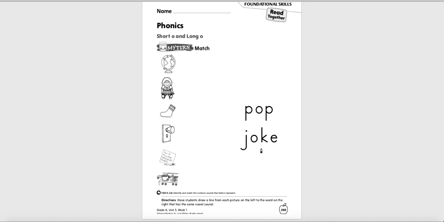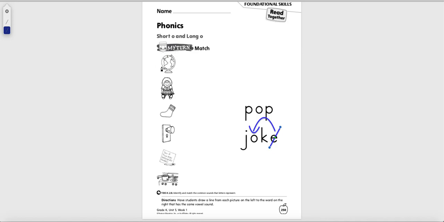Let's look at the next word. Can you sound it out for me? J. What sound does this letter make? O. Here we have a magic E, and he's going to tell the vowel to say his name. The E is going to be silent, so I'm going to cross it out. Let's sound it out again. J, O, K. Joke. Good job.